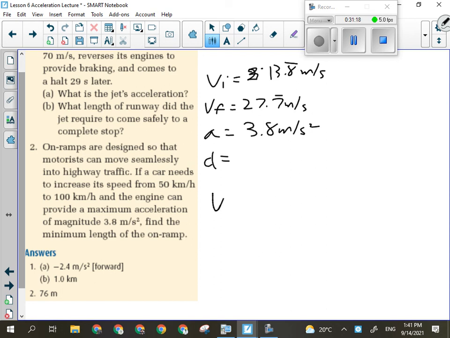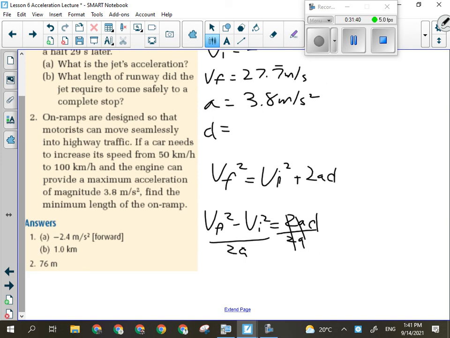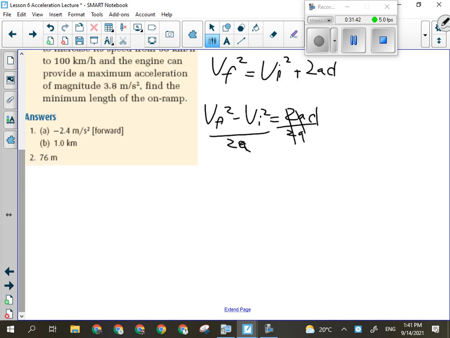This one will require us to use this formula, and we're trying to solve for D. So the first thing we want to do is bring the VI over. And then we're going to divide both sides by 2A. That will leave us with D. And then we just have to plug in our numbers.